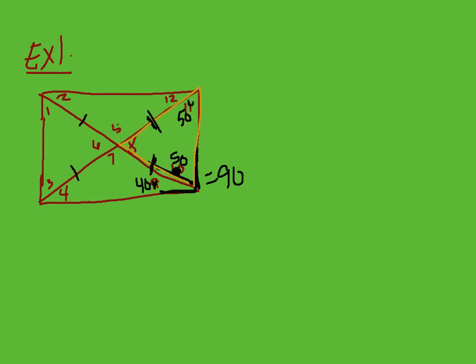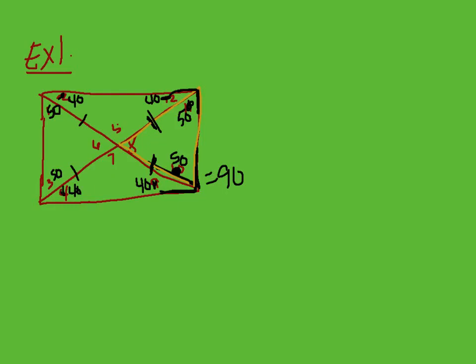So the other angle here is going to be 50, which then means I can fill in all these outside angles, because that means 12 has to be 40, because again this has to equal 90, and then 2 has to be 40, because isosceles, and then 1 has to be 50, 3 would be 50, and 4 would be 40. So that's pretty easy to fill in the outside.